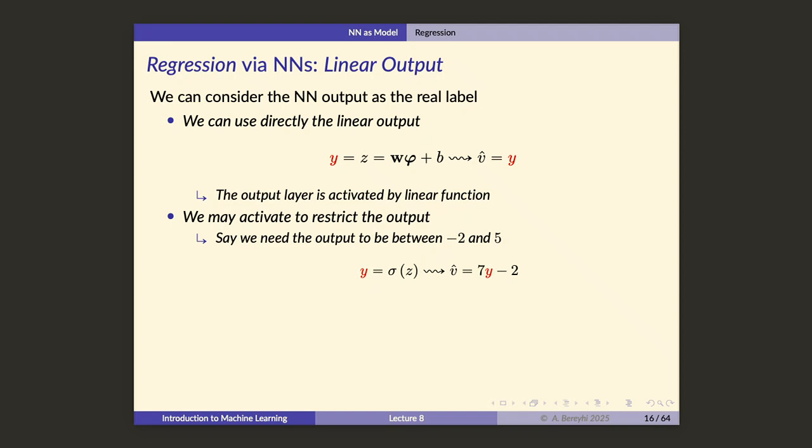Now if I multiply it by 7 and then subtract 2, then whatever that number, 7y minus 2, is something between -2 when y is 0, and y could be at most 1, so it's going to be at most 5. So it's somewhere between -2 and 5. So I can put it in the right interval that I want.